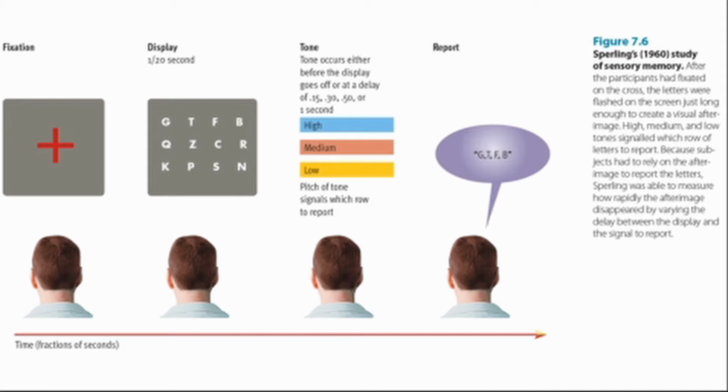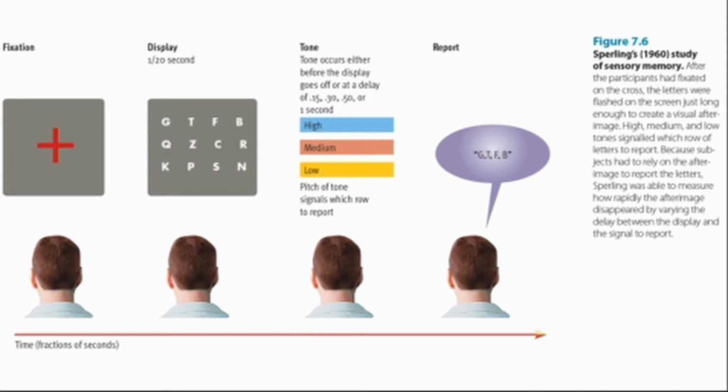So 4, in this case, just 4 letters, which is quick enough that, yeah, you could probably report everything that you had just seen. And so they would display this tone after a certain amount of waiting. So 0.15 of a second, 0.3 of a second, 0.5, or even a full second.